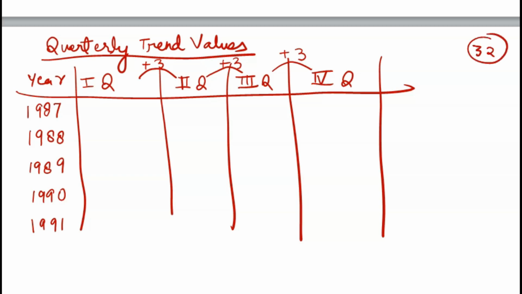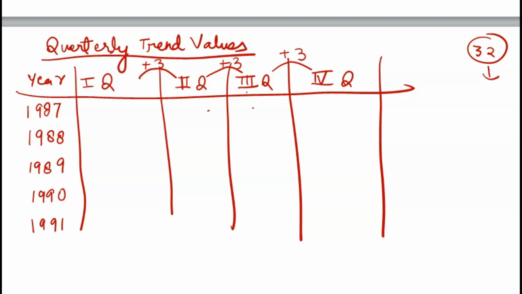So this 32 we will put between the second and third quarter. The gap between second and third quarter is 3 values. So 32 should come between two values whose gap is 3.